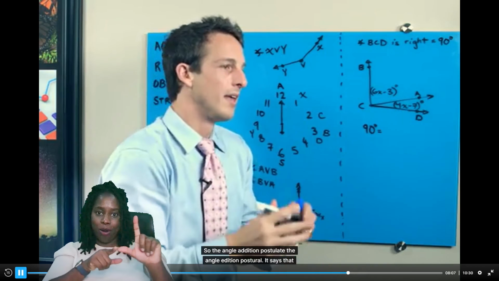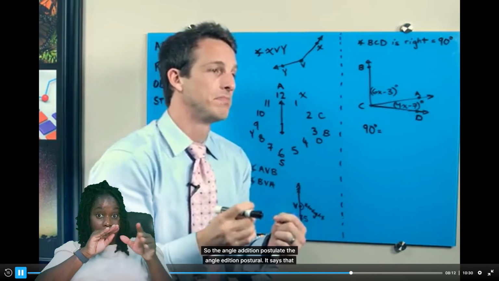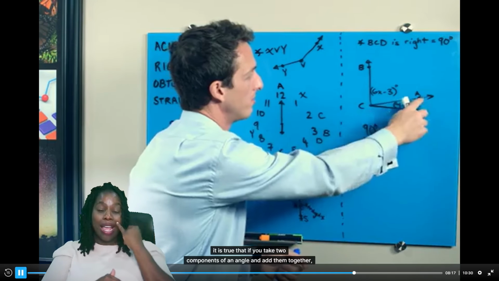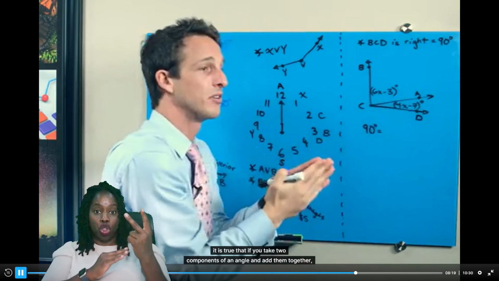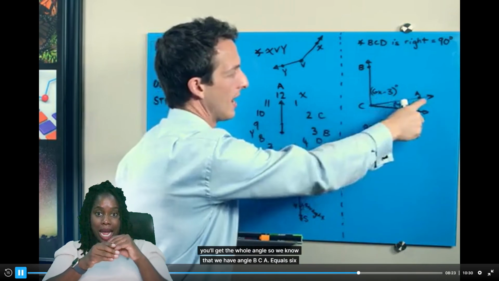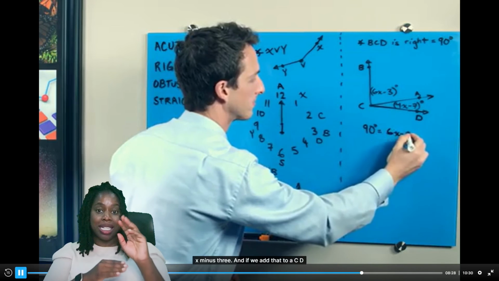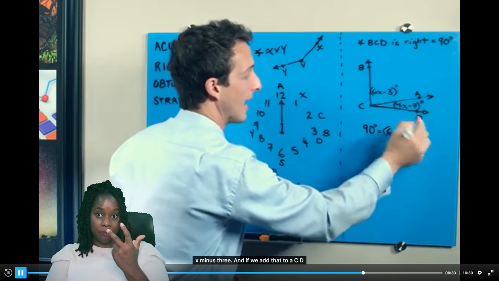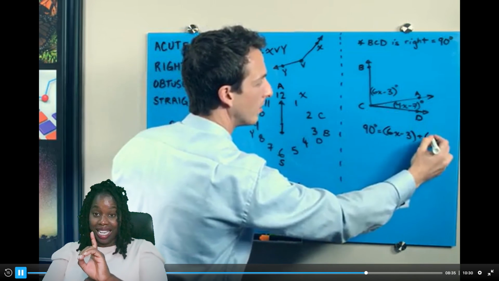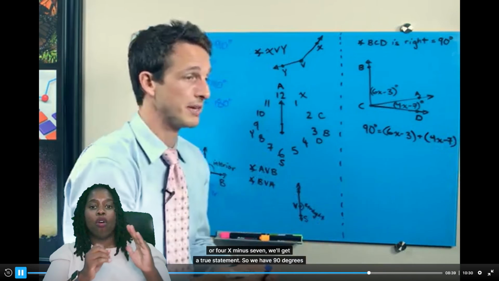So the angle addition postulate says that it is true that if you take 2 components of an angle and add them together, you'll get the whole angle. So we know that we have angle BCA that equals 6x minus 3. And if we add that to ACD, or 4x minus 7, we'll get a true statement.